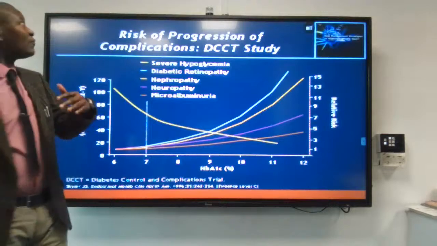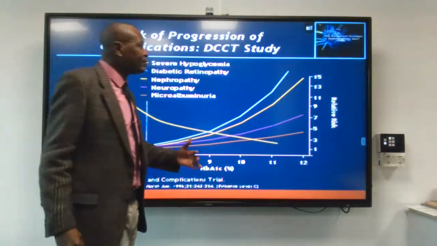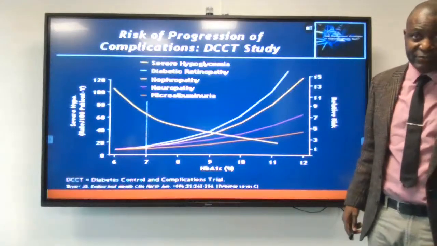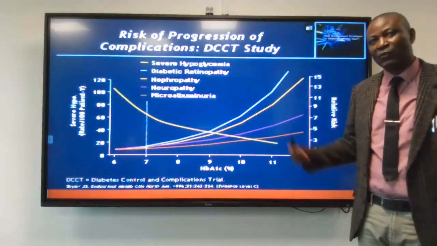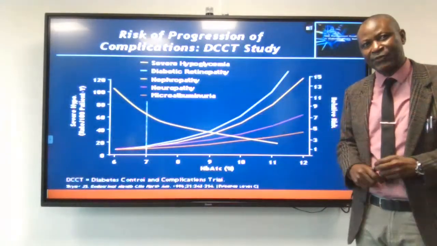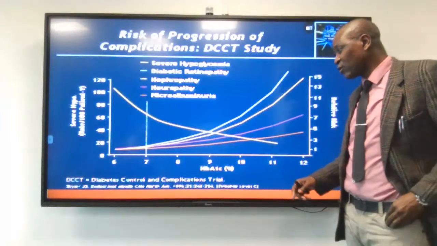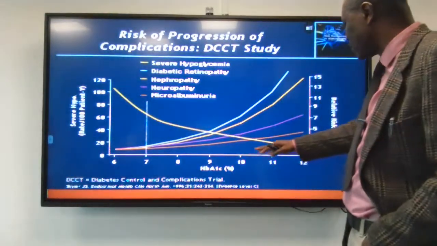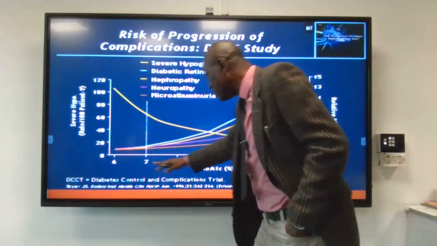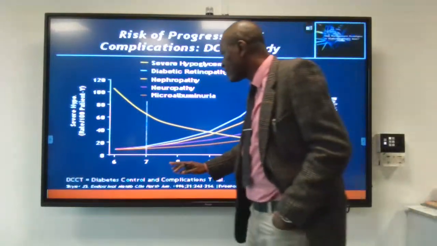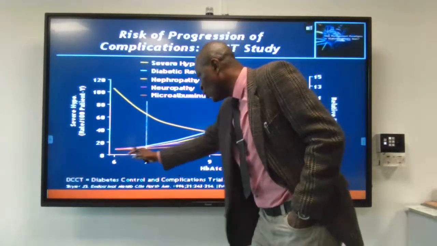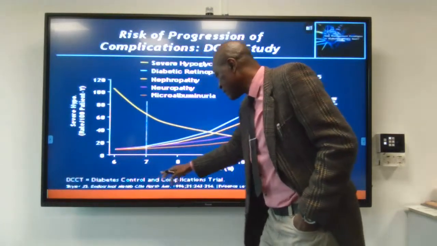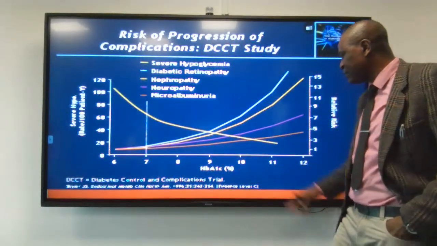So now, in terms of what we've said, what is important is making sure that we control the blood glucose level tightly so that we keep things within the target for the person. This is a very big, popular study, the Diabetes Control and Complications Trial, in which you see when the HbA1c is low, this is 6%, 7%, 8%, 9%, 10%.